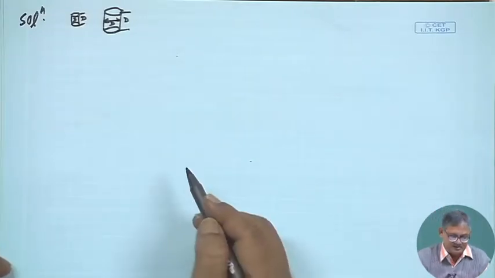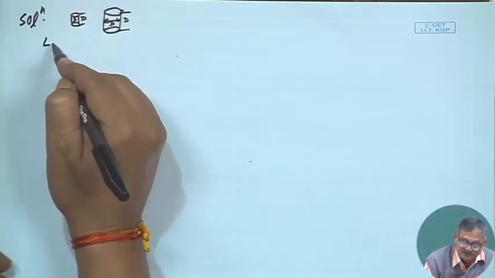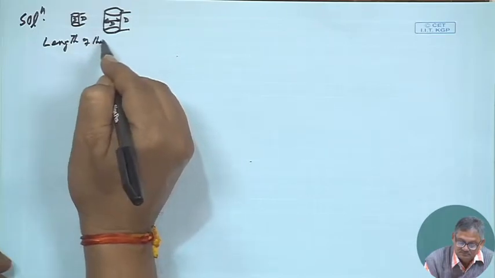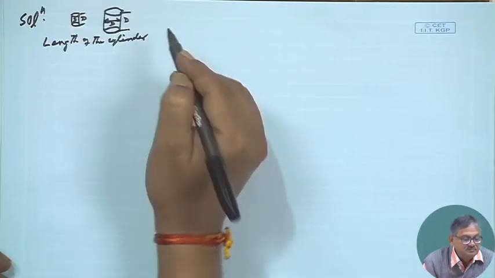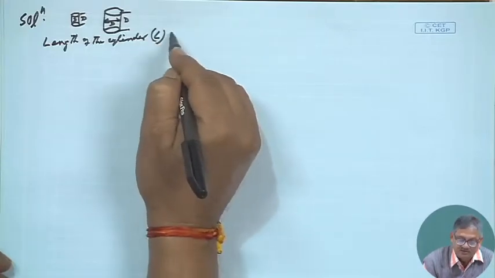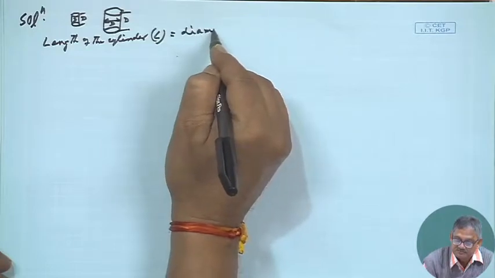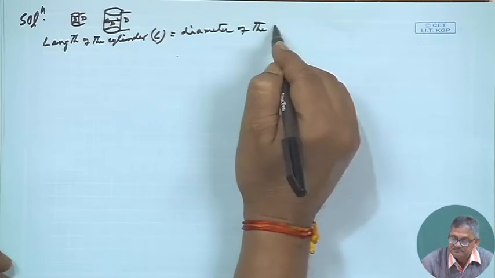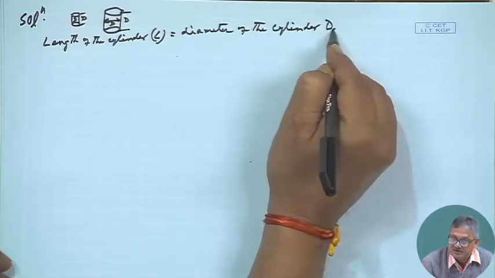So, let us find out. The length of the cylinder, L, is equal to the diameter of the cylinder, say D cylinder.